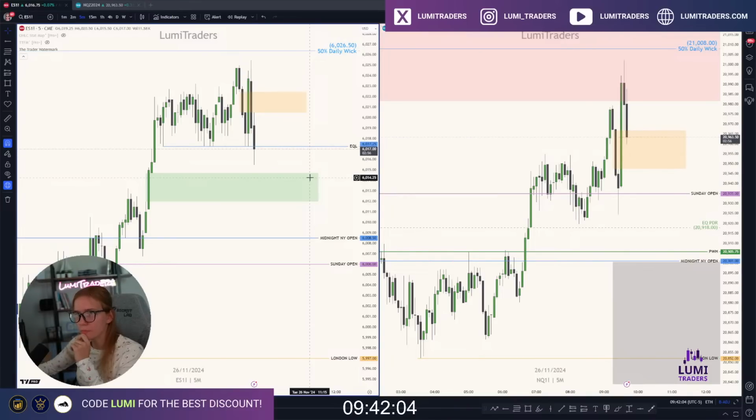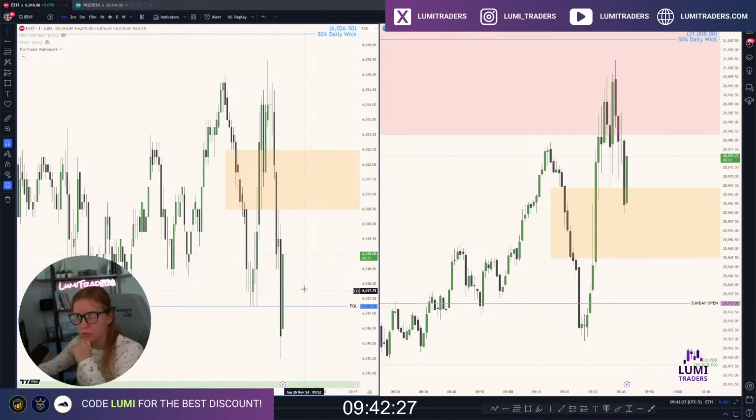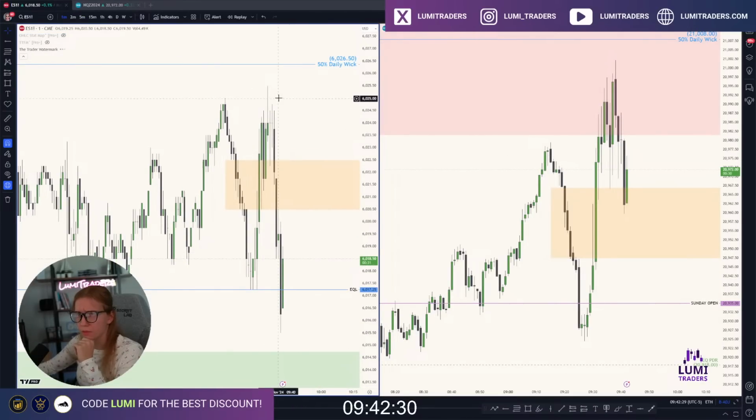Equal lows taken. See how it's trying to hold the 5-minute inversion fair value gap. Let's switch to the 1-minute chart, because if it may hold these equal lows, it may try to make a new high of the day.